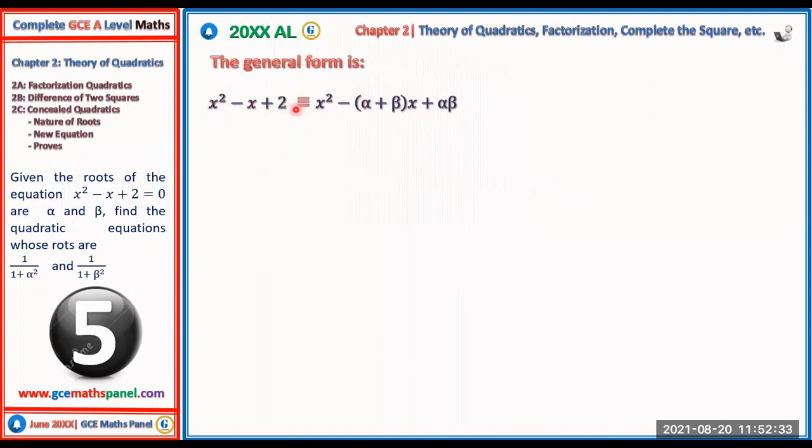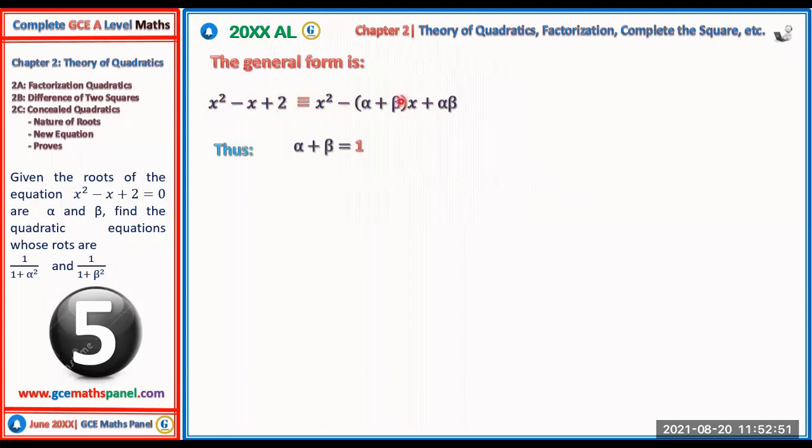So x squared is identical to x squared, and minus x is identical to minus alpha plus beta x. At this point, you can see that alpha plus beta is equal to 1, right? Yes, sir. Alpha plus beta is equal to 1.